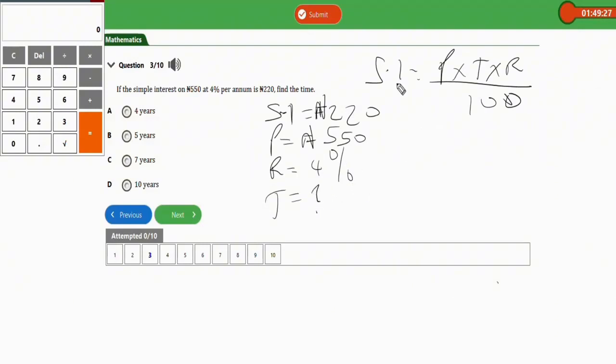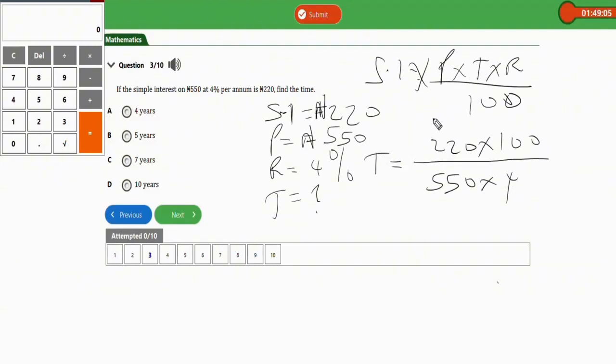When you cross multiply, the time is 220 times 100 over the principal, 550, times the rate. That makes T the subject of the formula. Let's punch it into the calculator: 220 times 100 gives 22,000 naira.